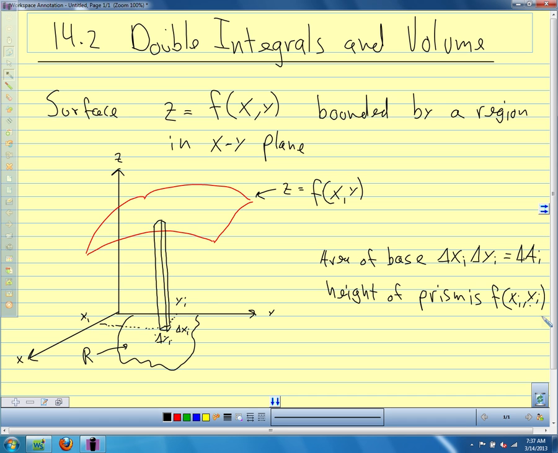So the volume of a single one of these prisms, v sub i, is f of x sub i, y sub i times delta A sub i. And the volume bounded by this solid inside this region is just going to be the sum of the volumes of these little prisms over this entire region.